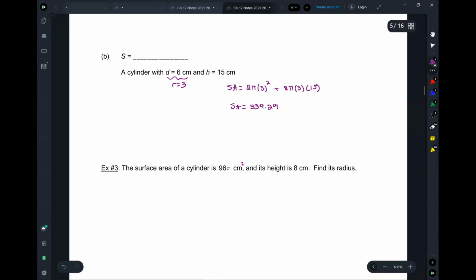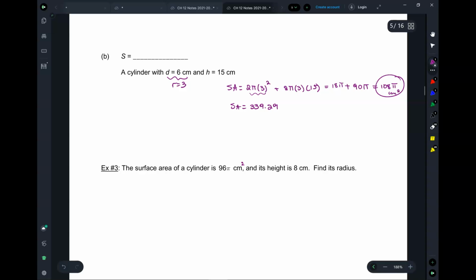Okay? You know what? If you simplify this, what do you get? This is 9 times 2, 18 pi, plus 45 times 2 is 90 pi, which is equal to 108 pi. And if you wanted the answer in exact form, that's what it would be, right?